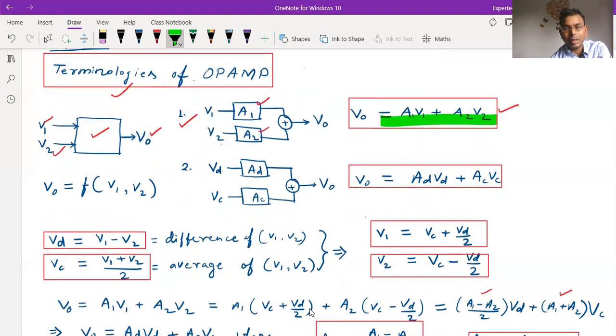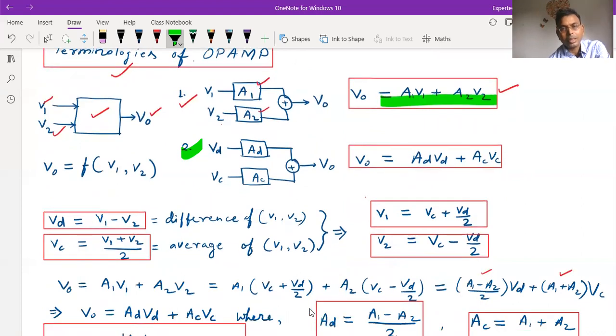And the second model is this one, where the differential voltage is applied and its gain is the differential gain AD, and the common input voltage is VC and its gain is AC, and the output is the sum of these two. So the output can be written as AD VD plus AC VC.